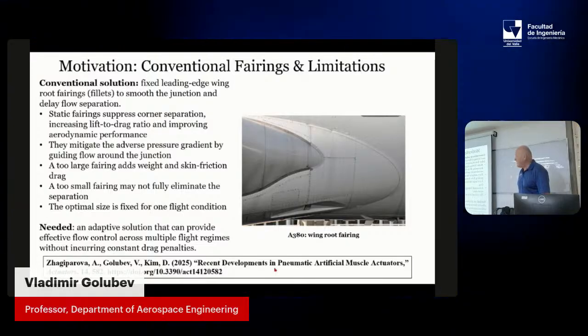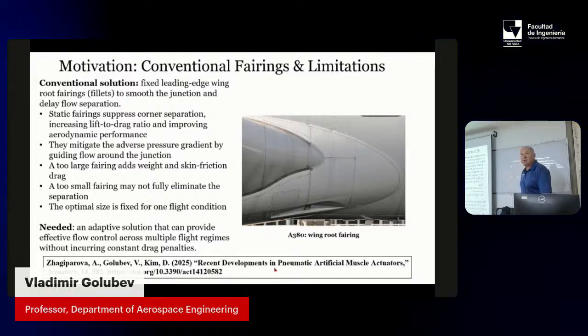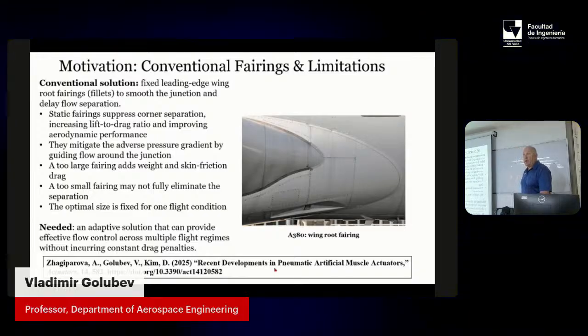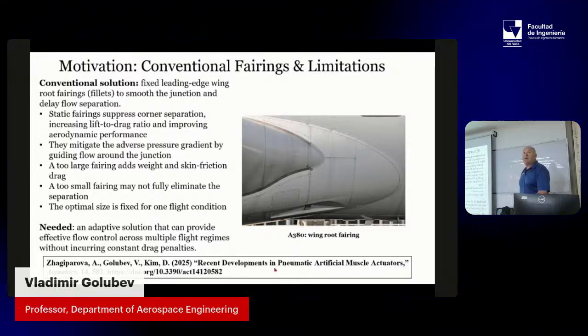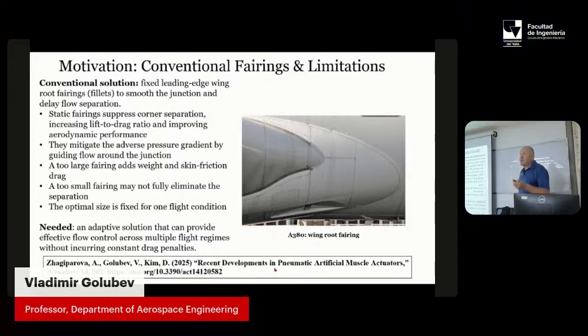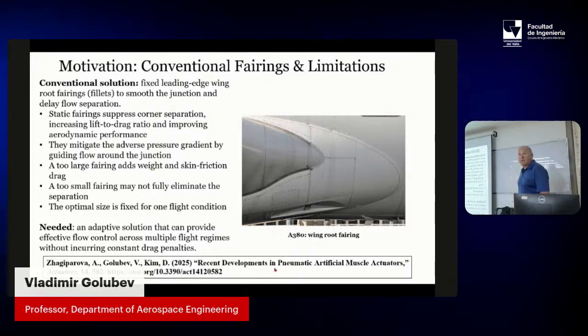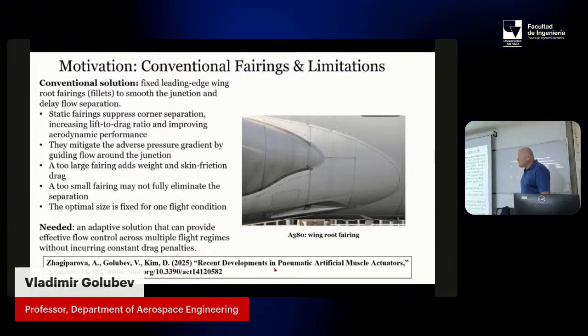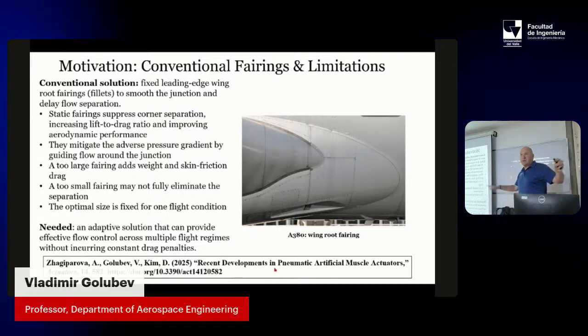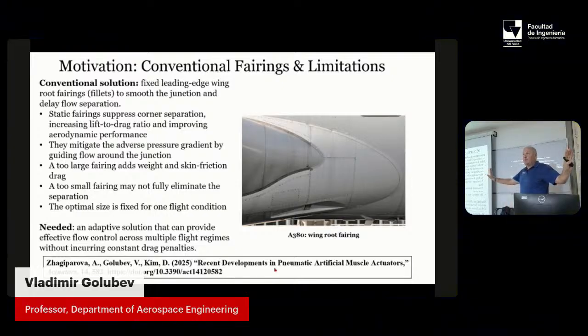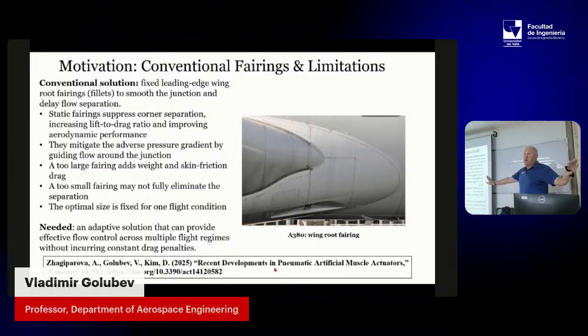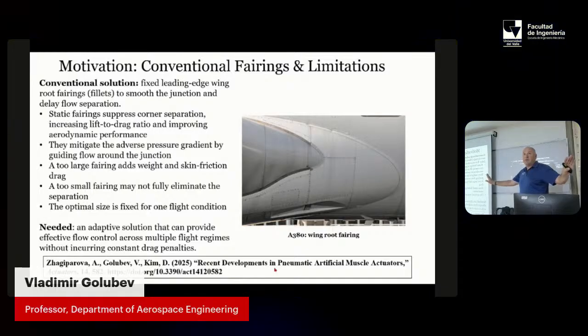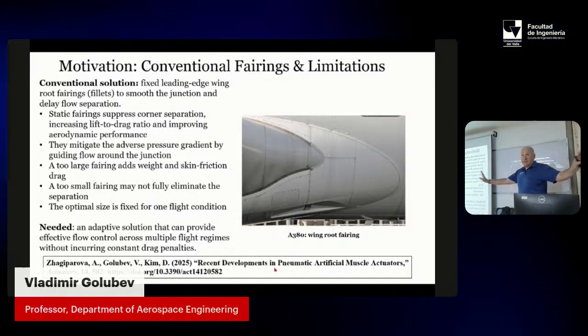They try to smooth the transition from the fuselage to the wing to reduce the size and strength of this junction vortex. It has limited success. It's like the winglets: of course you can reduce your induced drag to a limited degree. That's what they're for.